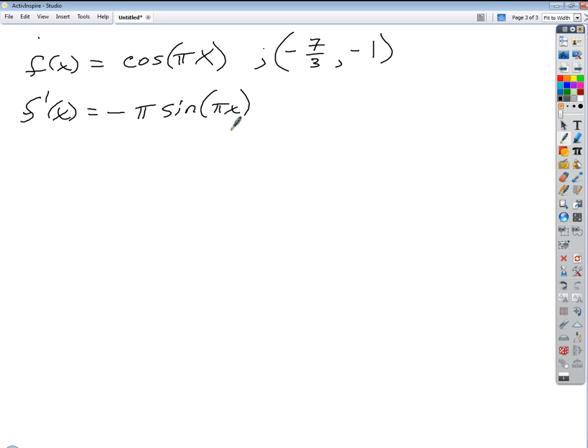Because of the chain rule, the derivative of cosine of hand is negative sine of hand times the derivative of hand, which is pi. So normally would the pi go on the other side? Well, yeah, but then we always want to pull the constants out front. Pi's the constant. If there was no pi, it would just be negative sine. Okay.